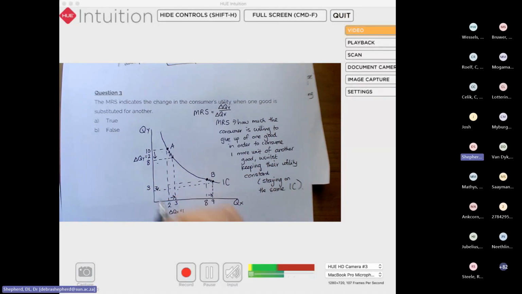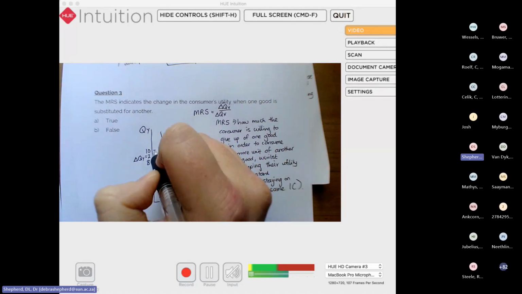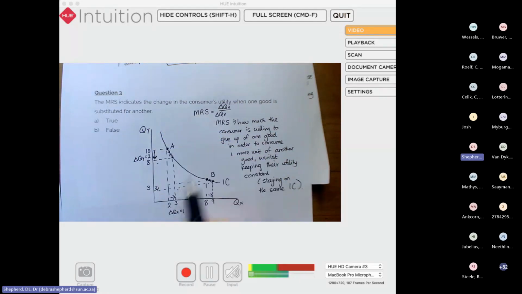That amount of Y is smaller than what I was willing to give up at A. So why is it that I am willing to give up a lot of Y to get 1 more X when I'm at point A, than the amount of Y I'm willing to give up to get 1 more X when I'm at B?